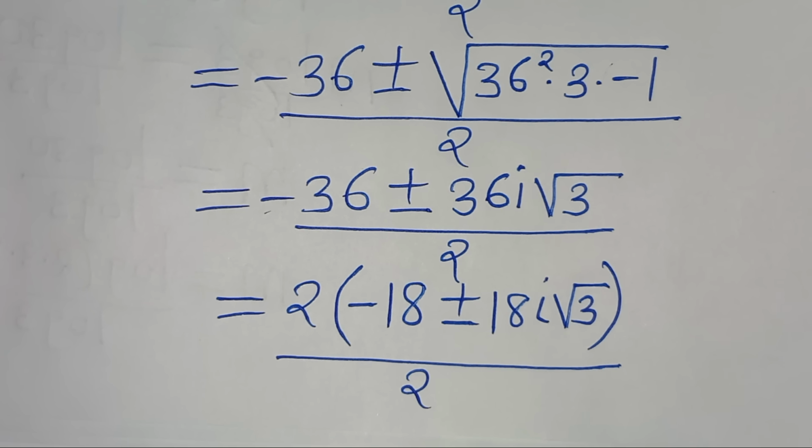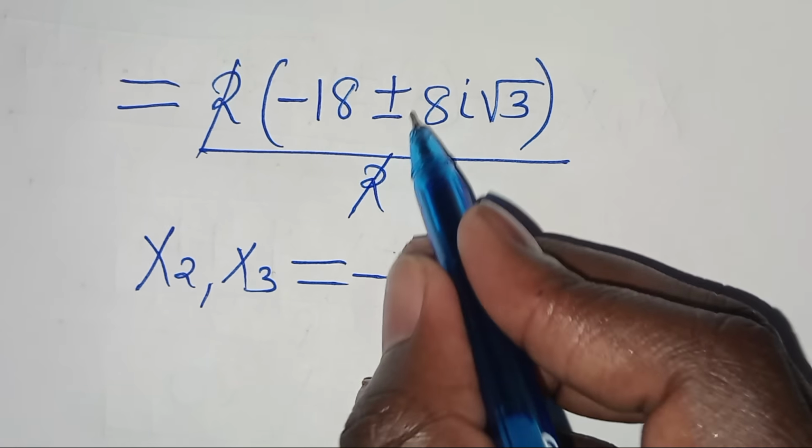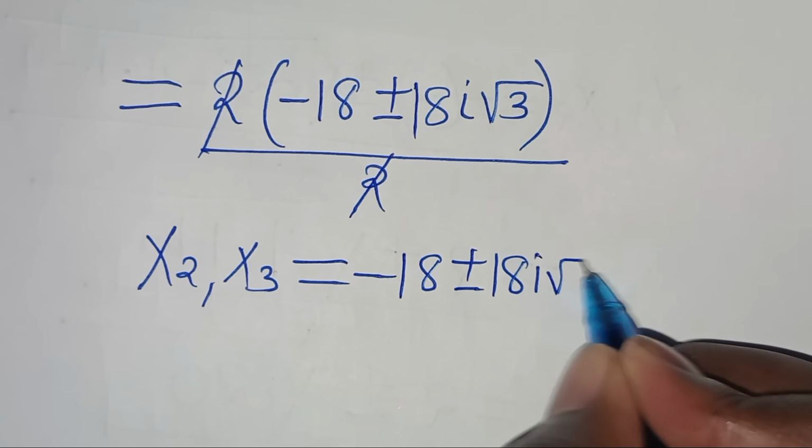So we can simplify 2 and 2 here, so that x2, x3 is equal to minus 18 plus or minus 18i square root of 3.